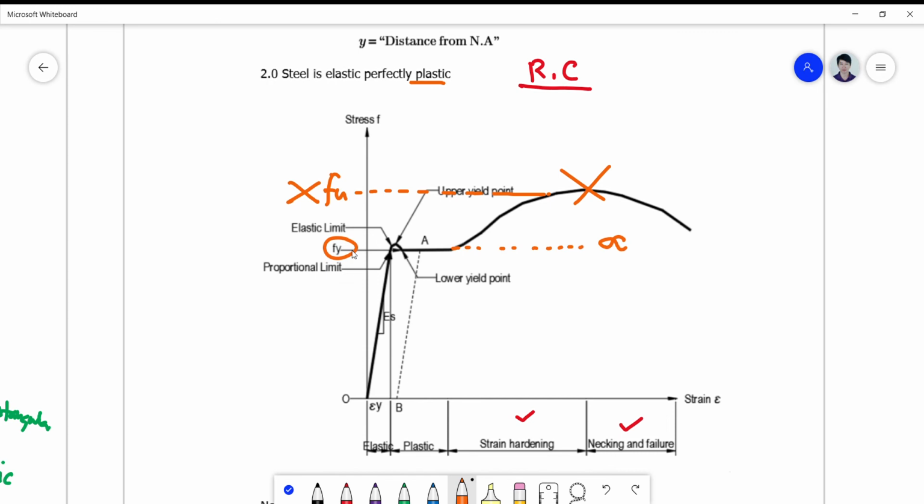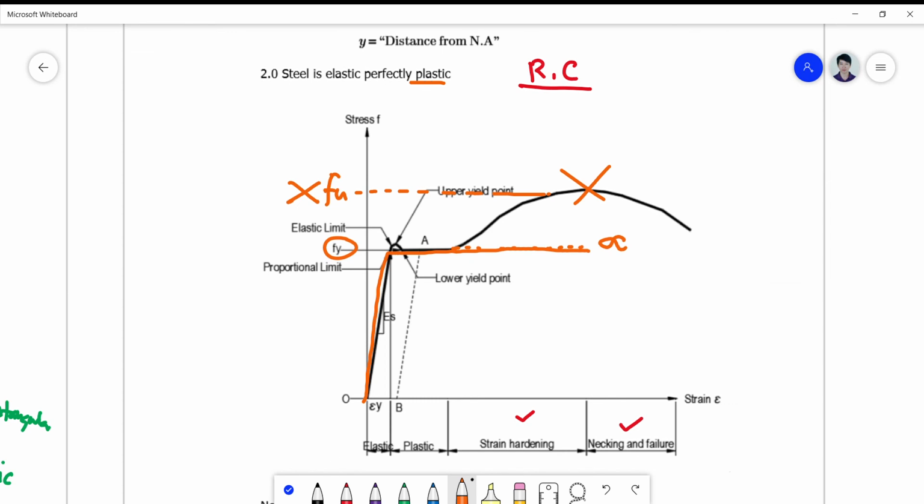Not unlike in structural steel, we have the rupture strength, which is computed on the basis of your ultimate tensile strength Fu. So for RC, we only have two lines. One is elastic, the other one is plastic. Okay? Perfect.